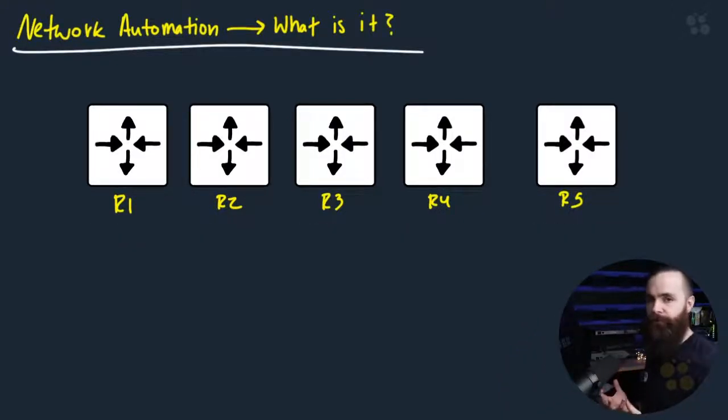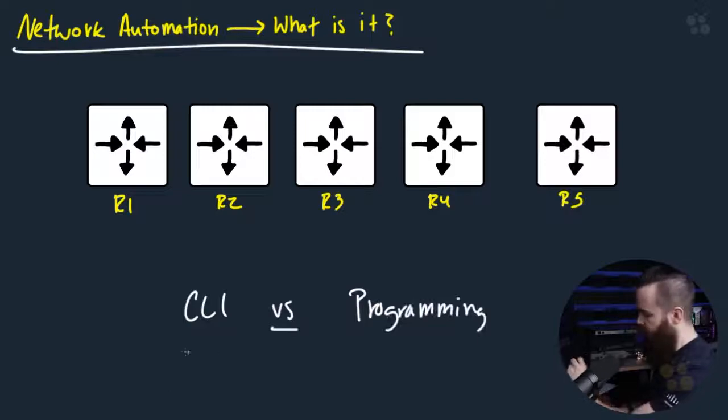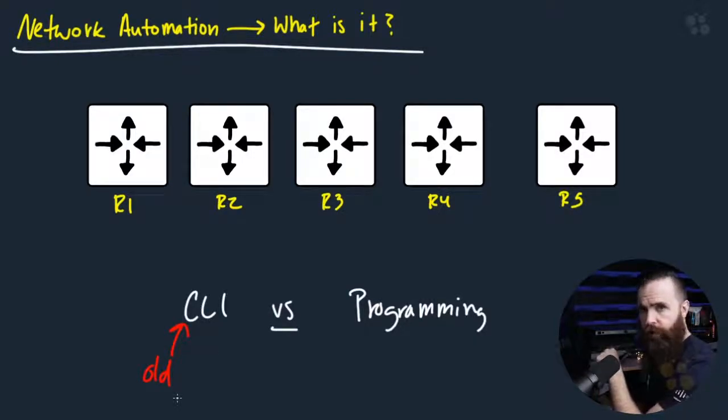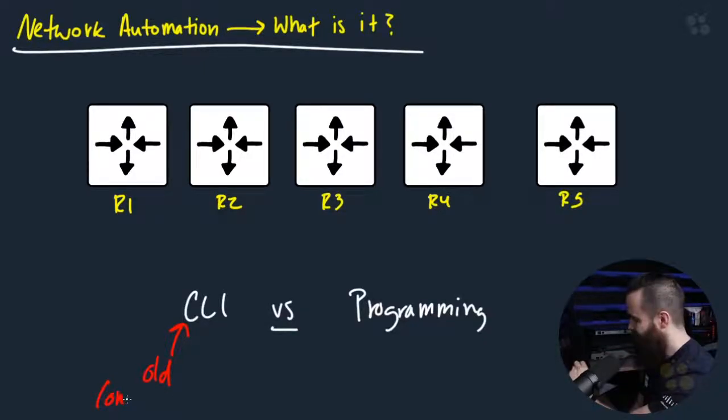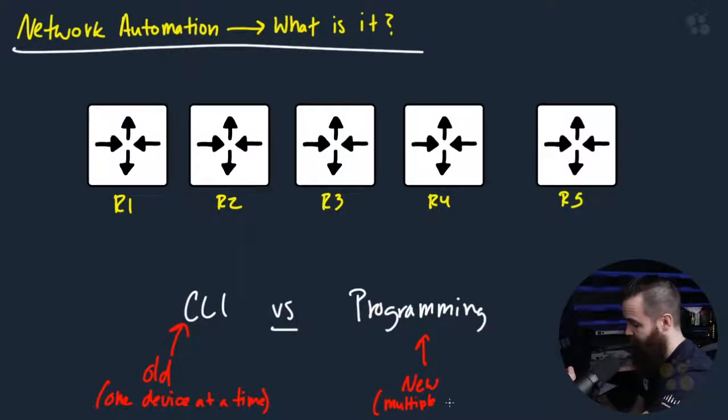A simple way to define network automation, just a one-liner to put in your brain, is basically CLI versus programming. CLI being the old man, the old generation. That was my best old man voice. I apologize for that. The one device at a time configuration, versus the new kid on the block, the new way of doing things: multiple devices at one time, or all of them, depending on what you do.